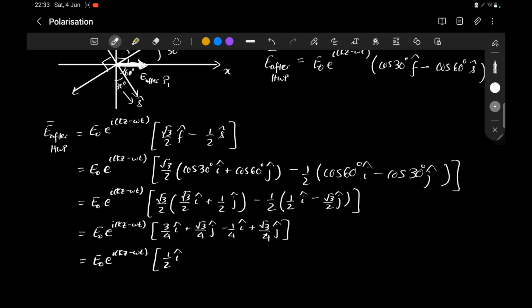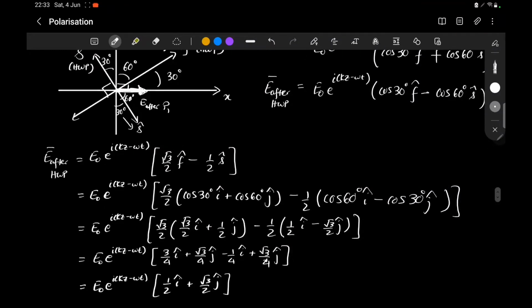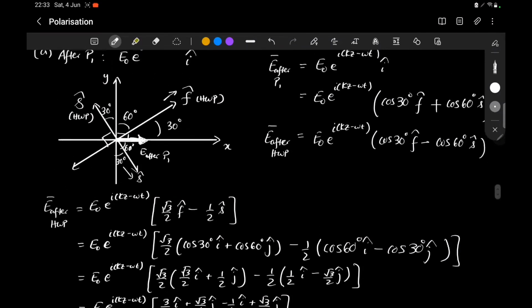So this gives us the following: 3 by 4 minus 1 by 4 is 2 by 4, which is half, plus root 3 by 2 j cap. So this is the electric field after passing through the half wave plate, and if we draw it on this axis, let me copy this diagram.